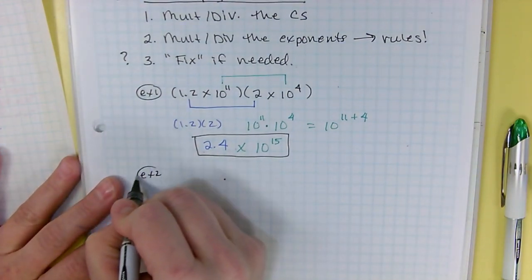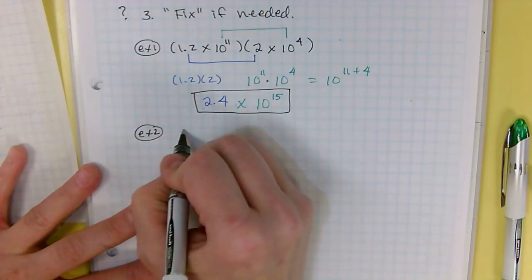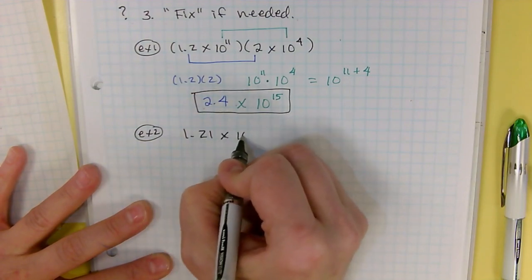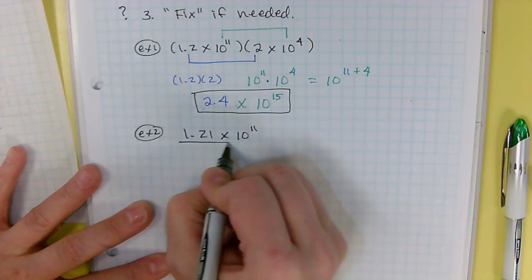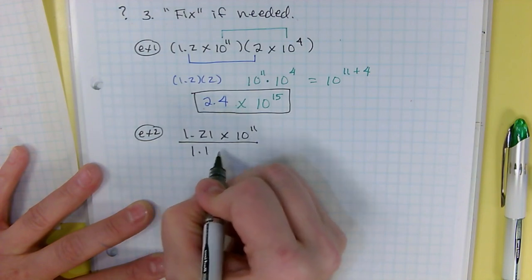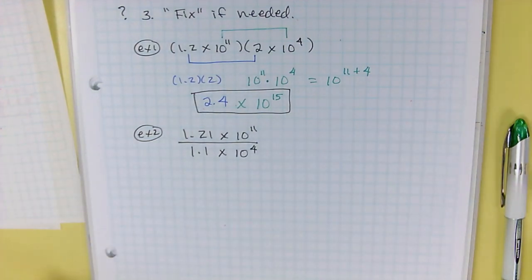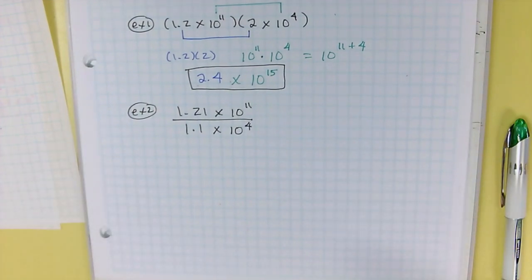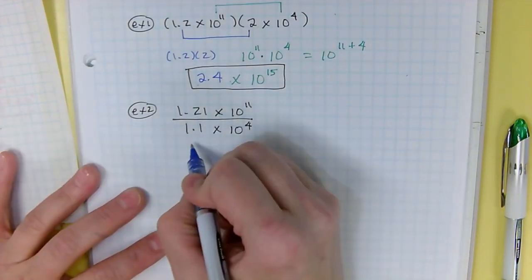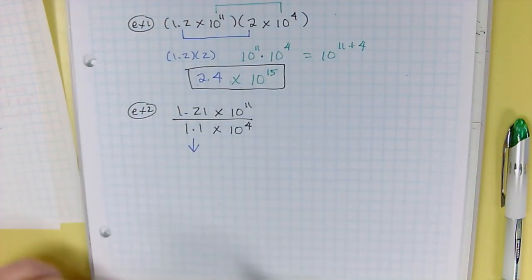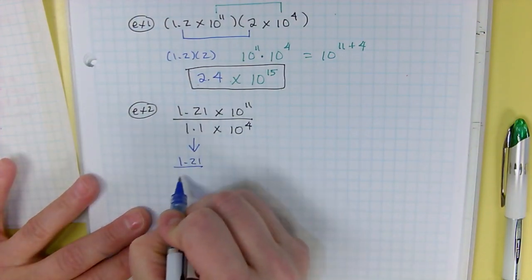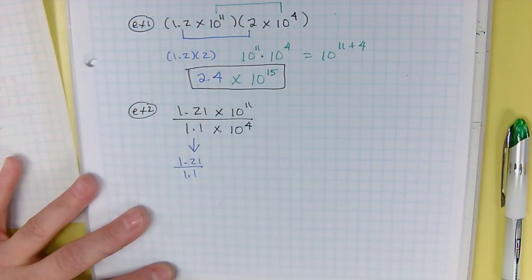All right, let's do a division example. 1.21 times 10 to the 11th divided by 1.1 times 10 to the 4th. Okay, the basic approach is the same. You're going to divide the C's. So you're going to go 1.21 divided by 1.1.